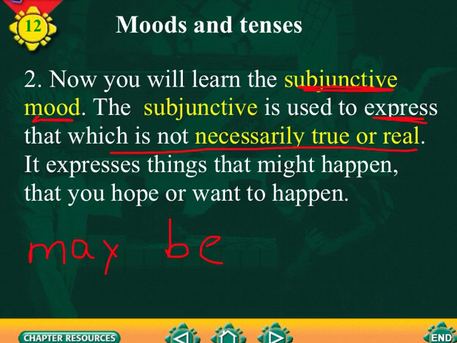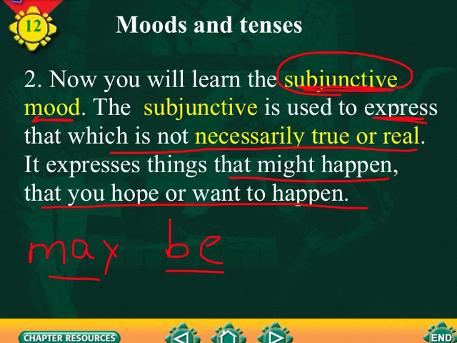Because it expresses things that might happen, that you hope or want to happen. That's the subjunctive. It is the direct opposite of the indicative. The indicative expresses facts, real information, and the subjunctive expresses things that may be true, that may happen.